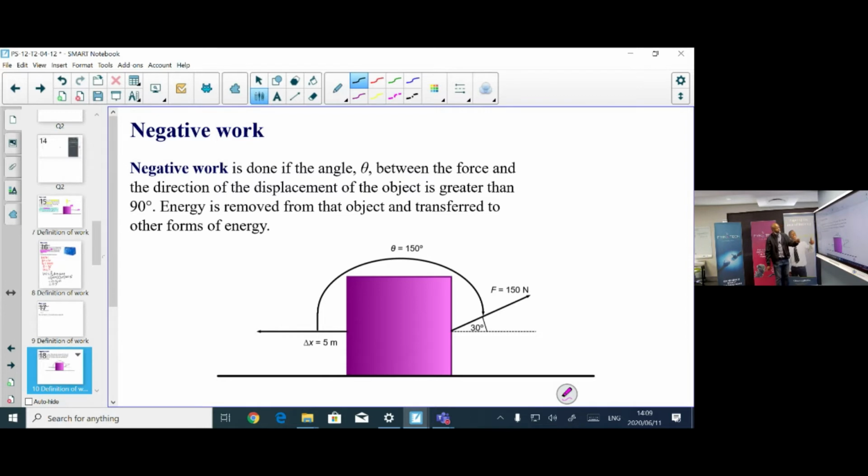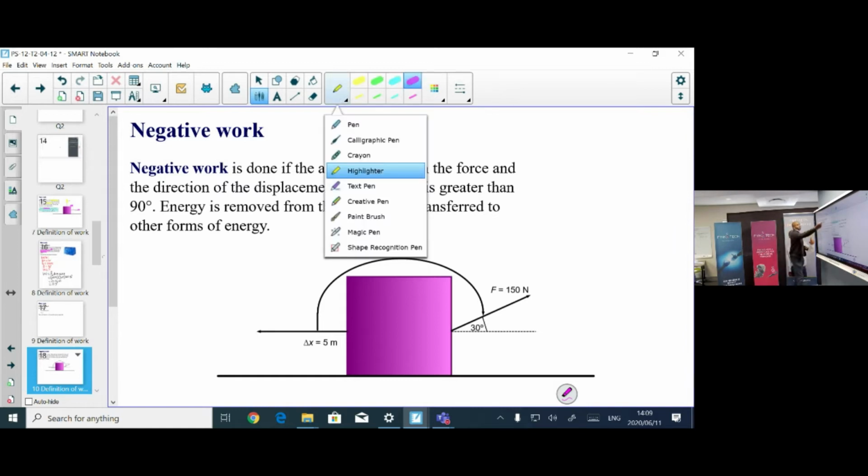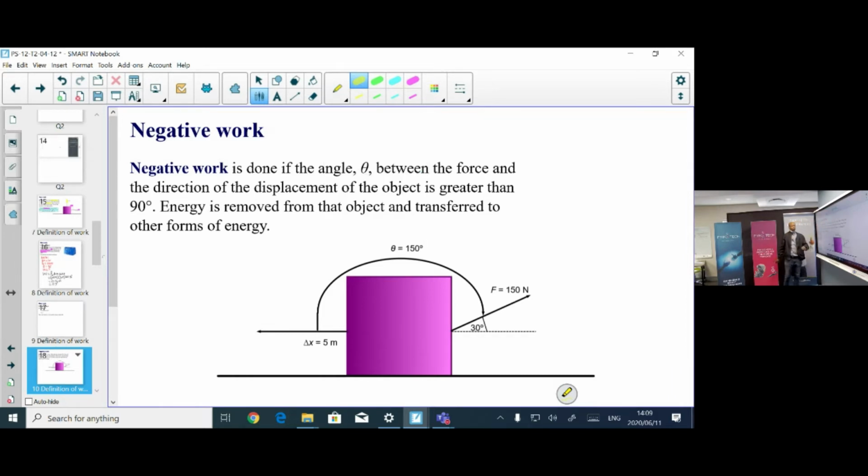Negative work is done if the angle theta between the force and the direction of the displacement of the object is greater than 90 degrees. In other words, the moment you see this angle is greater than 90, you must know that it's going to give you a negative work.